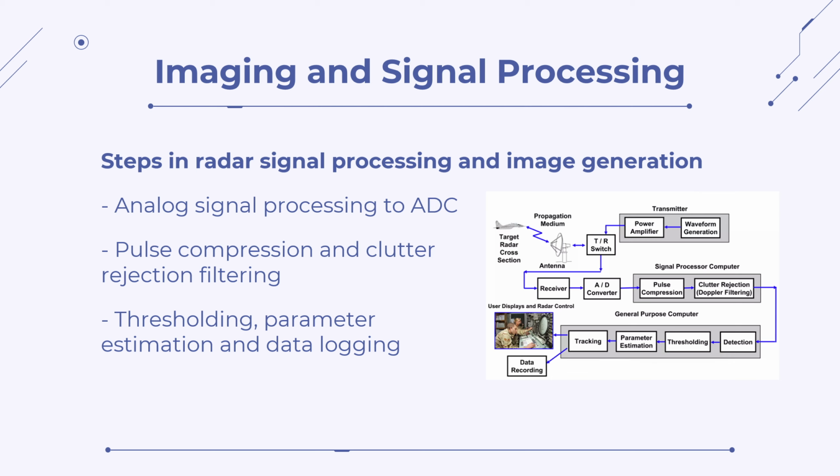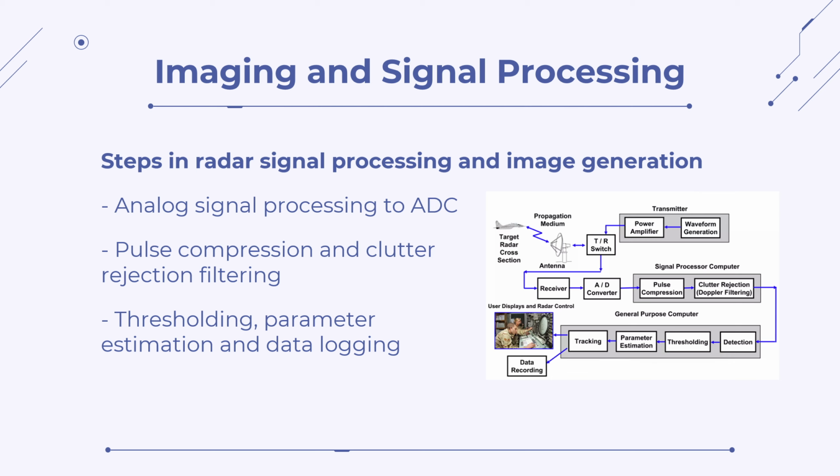How do we actually get these images, and what signal processing has to go into them? The first signal processing is done by analog hardware. Normally, the receiver antenna immediately passes the signal into a low noise amplifier, and then that runs through a bandpass filter and a mixer, and from that it is finally output to an analog to digital converter, which samples that signal at least 2 times the output frequency to ensure that all the data is retained.